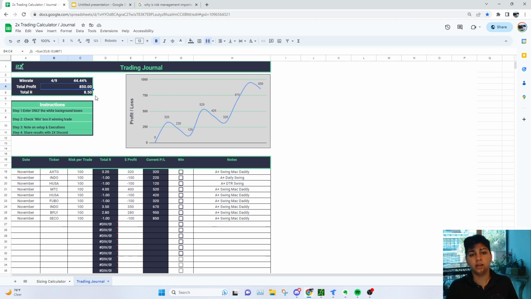That's not true. Since each one of his wins is 3 times a loser, he can afford a 4 out of 9, or 44%, win rate and still be green $900 just with the power of risk reward and risk management. Because every single loser is consistent, it's a lot easier for that 3-to-1 risk reward ratio to kick into gear and take over for him, allowing him to be profitable.